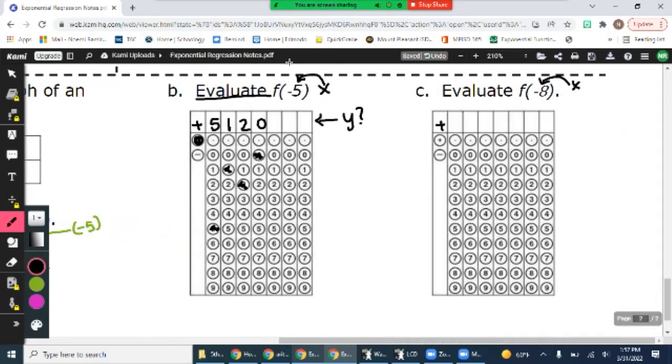What number does that one give you? 327,680. Once again, the STAAR test will not give you a griddable that's not big enough for you to bubble it in. So if you have more numbers than griddable boxes, you need to work that out again.